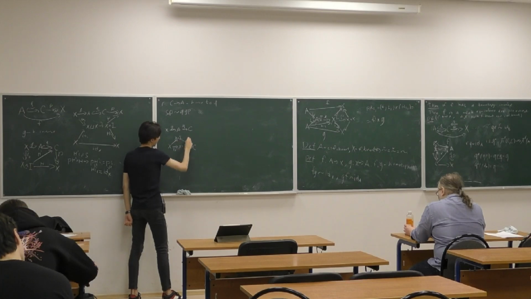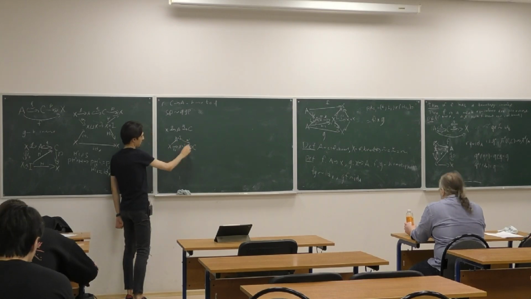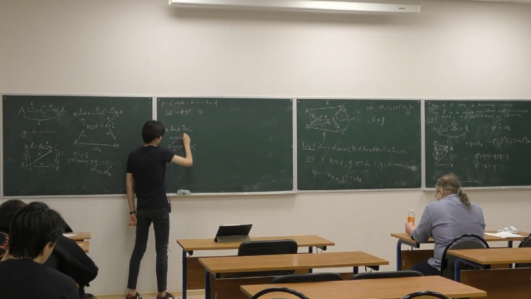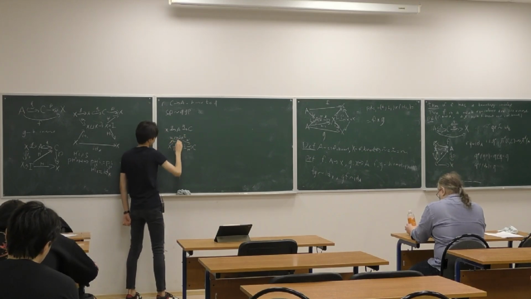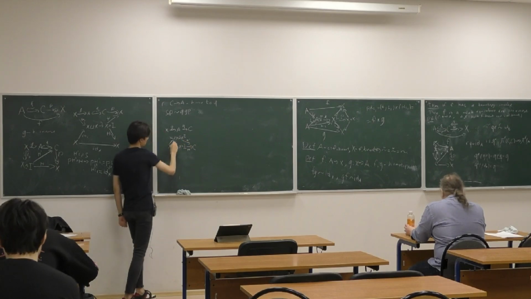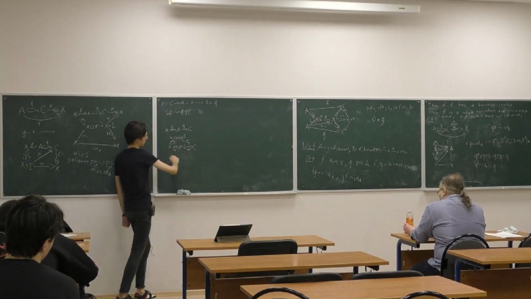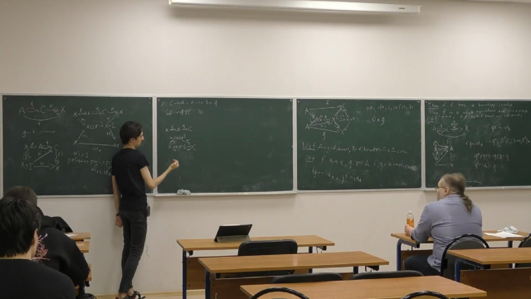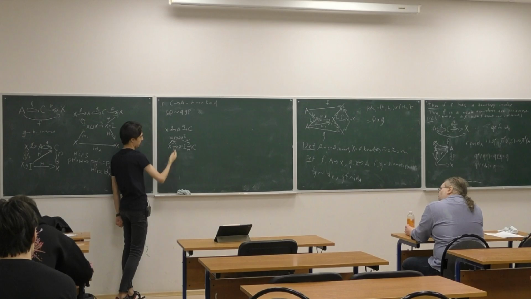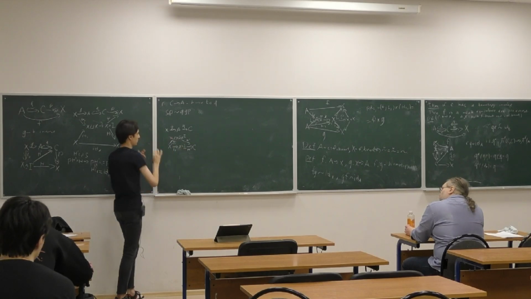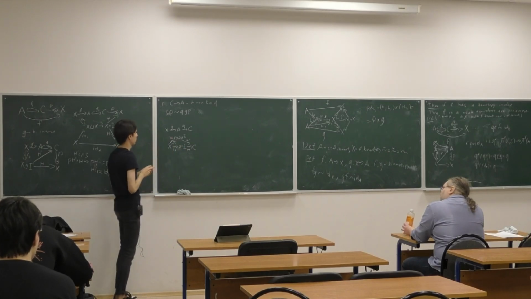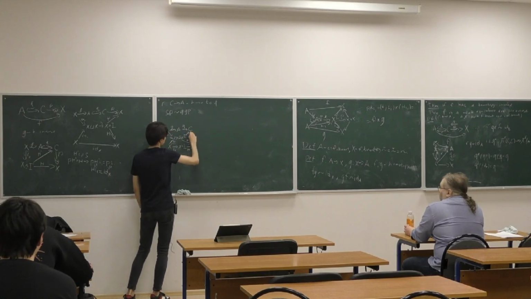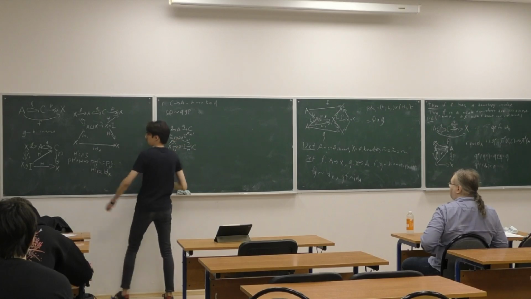So this part of the commutative diagram commutes because this is just the same diagram essentially, and this part of the diagram commutes because it is this part of the diagram.